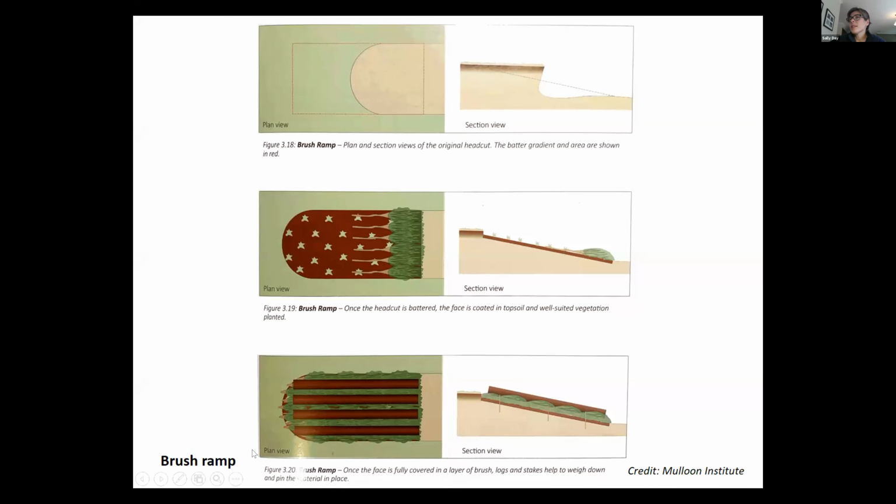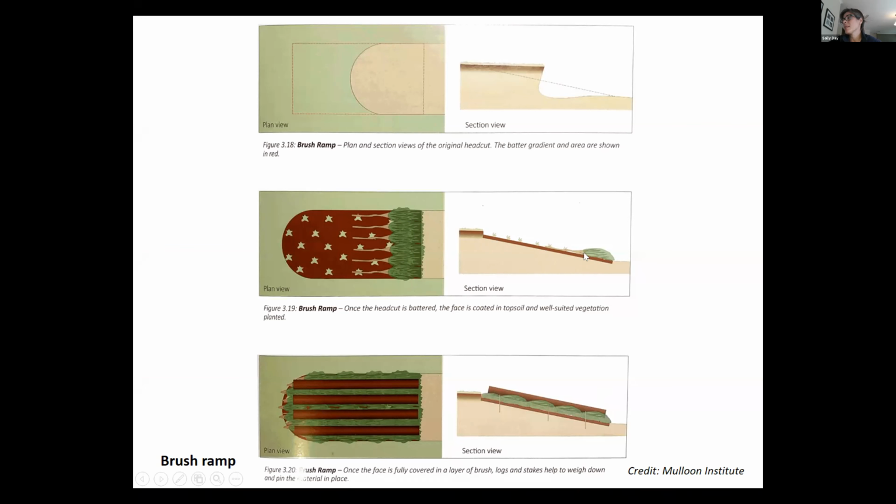Then we start to look at other things that we can find on our property. So brushing, what I call brushing, is basically the ends or the heads of trees, so little branches. So you've got the stem of a branch in the green material, and what you can actually do is lay them down slope. So the stick part of the branch is actually heading upstream, and the head of the tree you lay downstream.